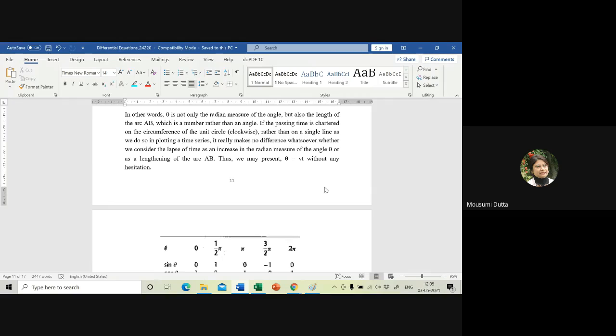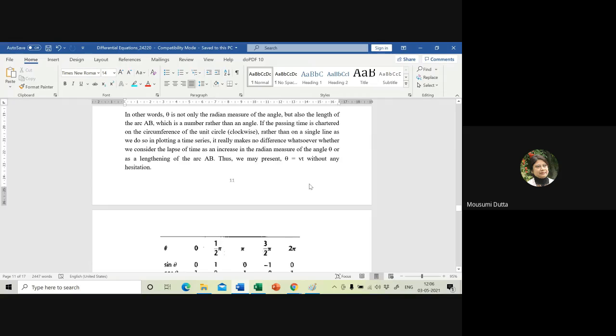So if you understand the idea, without any hesitation we can replace theta by vt, because theta is an increasing function of time. So we can replace theta by vt.